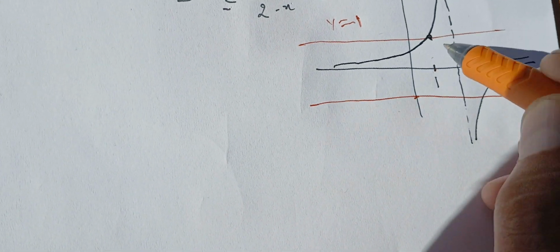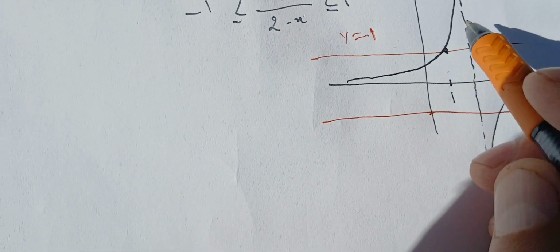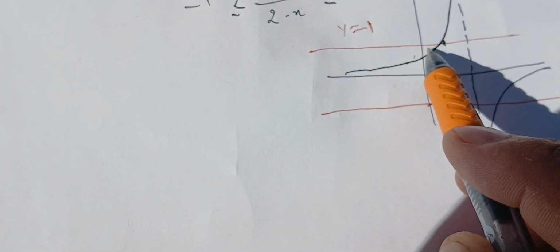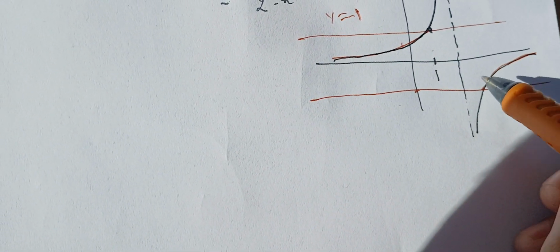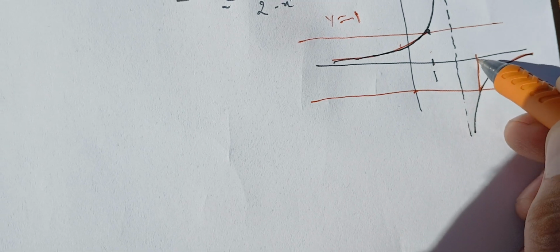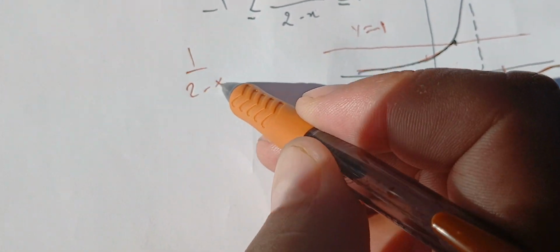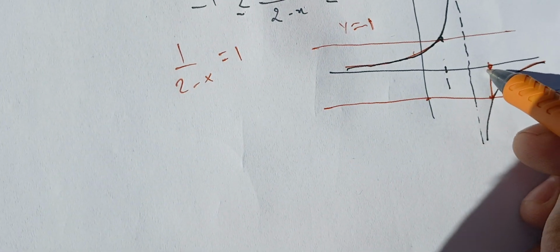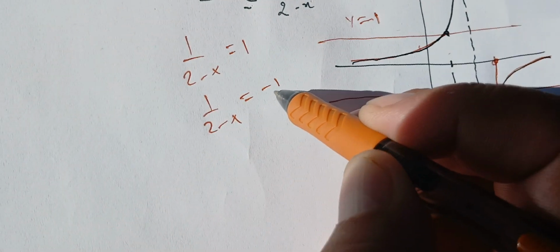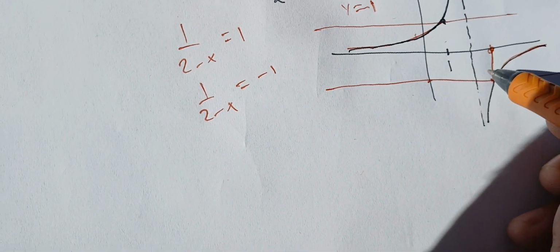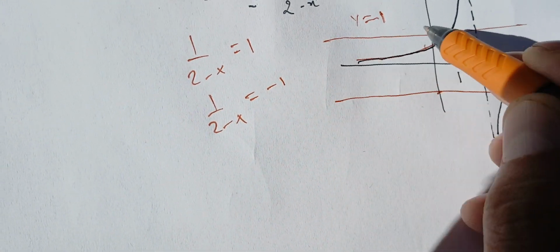Okay, so I need to find the x values such that this function, so this part and this part, will be trapped. And it will be trapped if we solve here. This is solving 1 over 2 minus x is 1 to find this point, and 1 over 2 minus x is minus 1 to find this point.